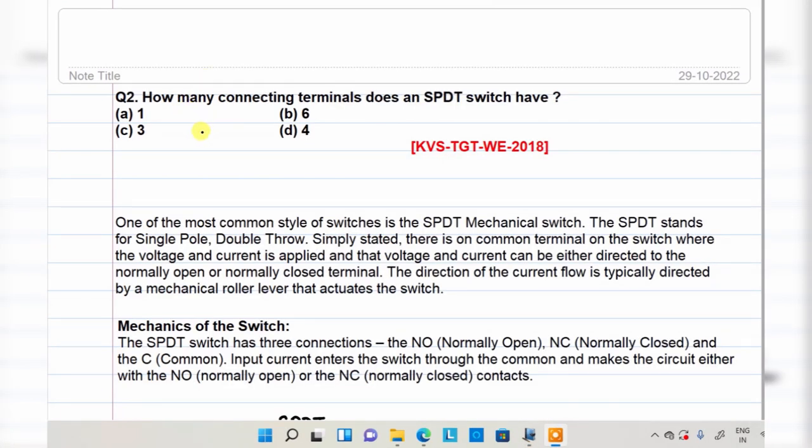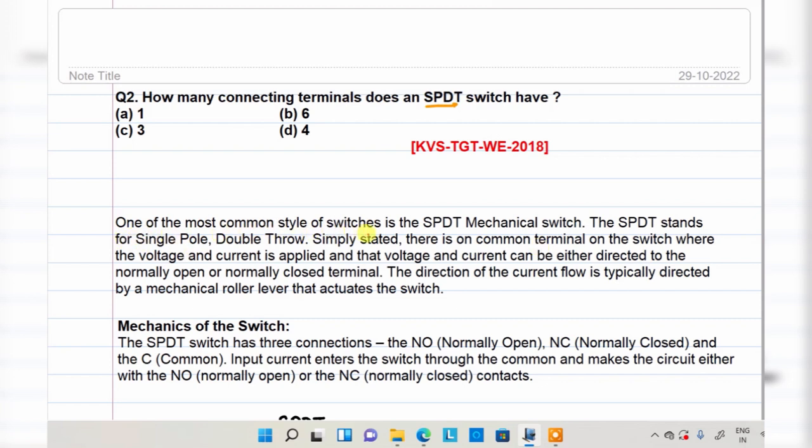Next, question number 2. How many connecting terminals does an SPDT switch have? First of all, we'll see what SPDT means. SPDT means single pole double throw switch. I will give some important theoretical background related to the SPDT.